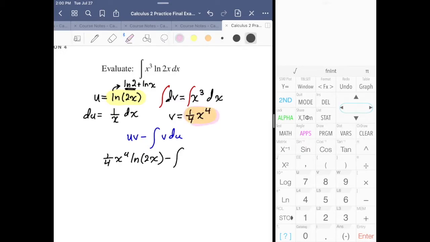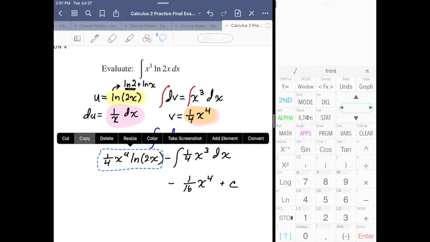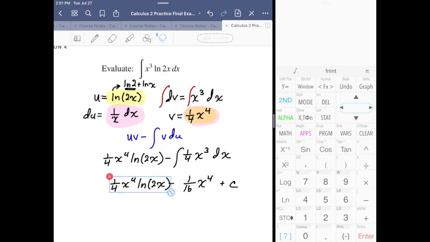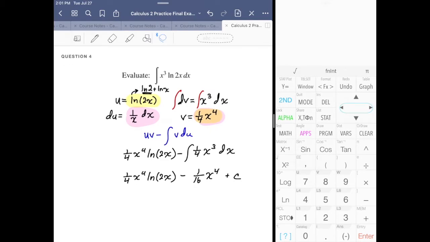So put these two together, and we're looking at 1/4 x to the 3rd dx. Pretty easy to integrate that. All right, so 1 over 16 x to the 4th plus c, don't forget the minus, and we have all this other stuff coming along for the ride. All right, so that's number 4.